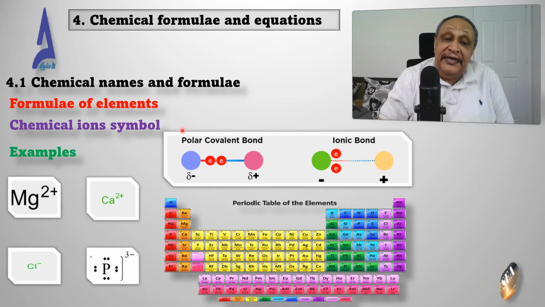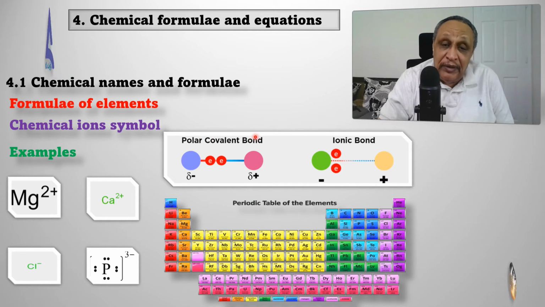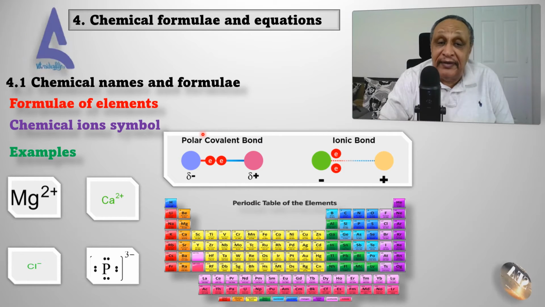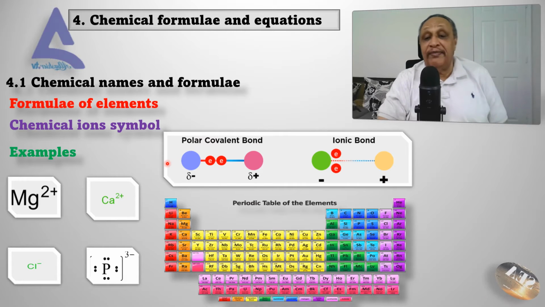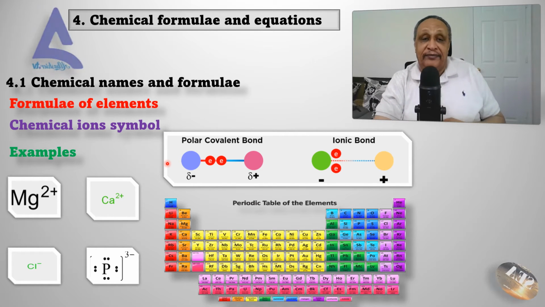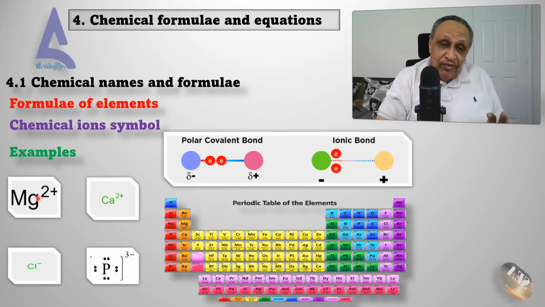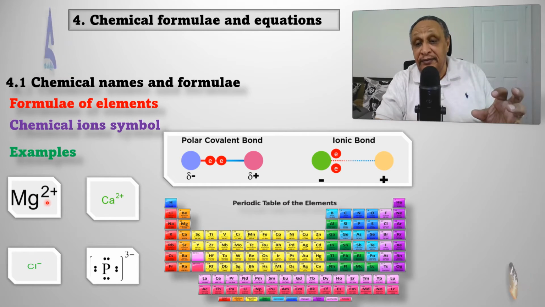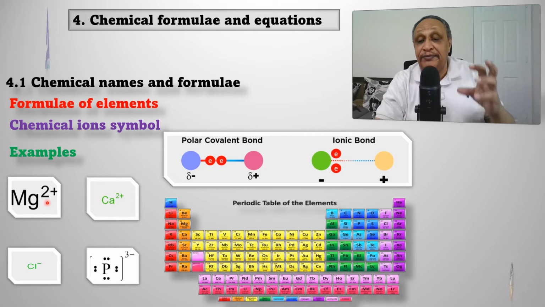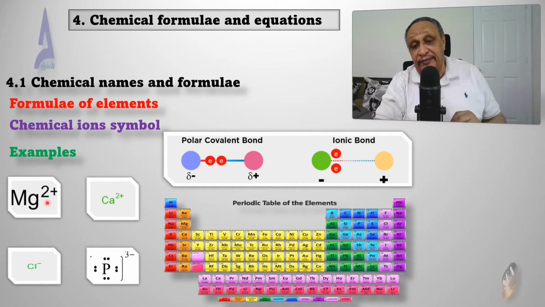But I'm going to tell you about this when we come to it. At some point, one of them should be positive and the other one should be negative. We will talk about this later, not now. But I just want you to know that ions have charge, regardless of whether it is positive charge or negative charge.